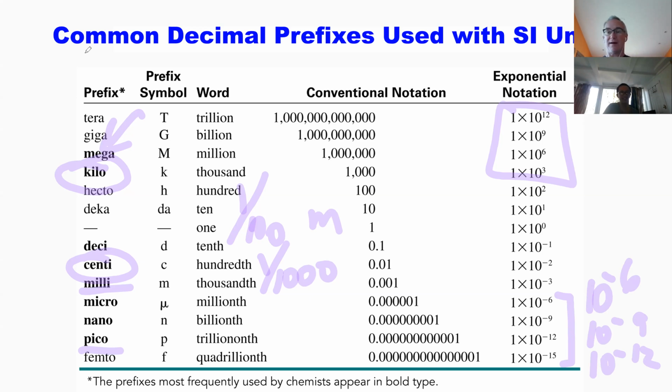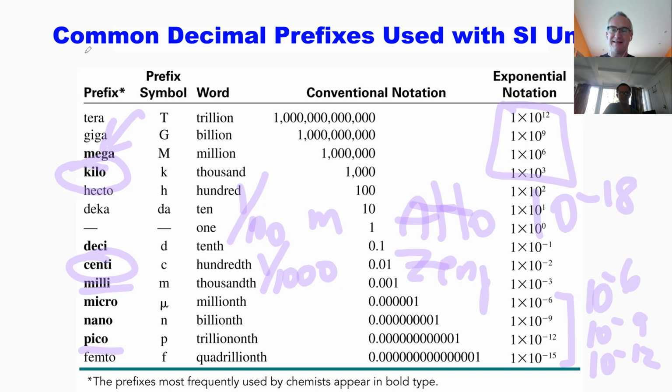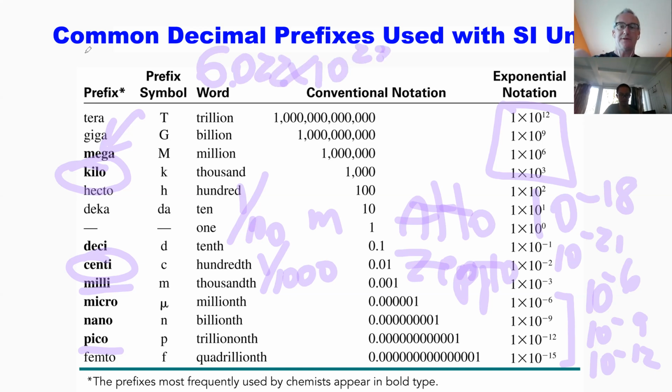And then there's two more, and these are my favorite. So atto is 10 to the -18. And then zepto is 10 to the -21. When you're getting down to numbers that small, if you remember from high school chemistry, 1 mole of something is 6.022 times 10 to the 23rd atoms or molecules.